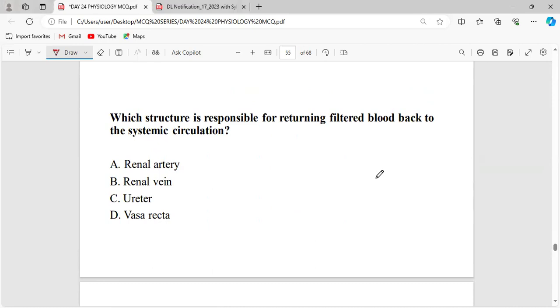Which structure is responsible for returning filtered blood back to the systemic circulation? Whether it will be the renal artery, renal vein, ureter, or vasa recta. Easy question.